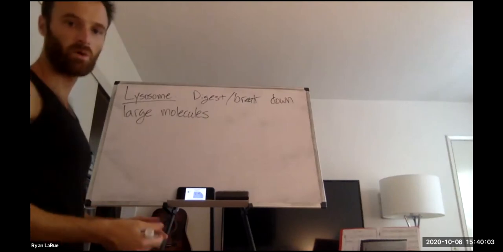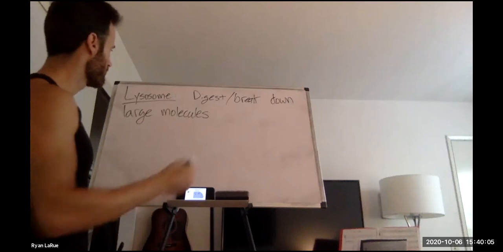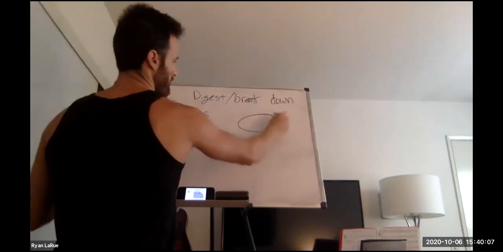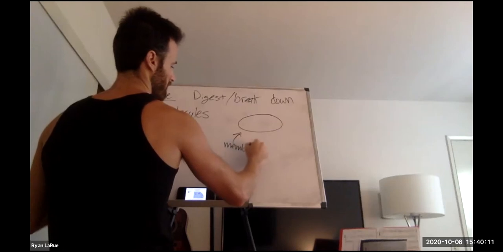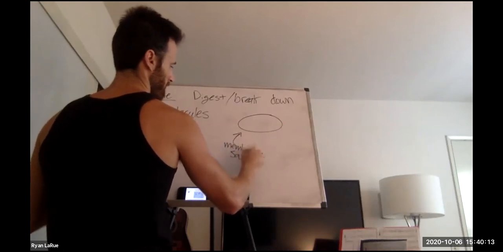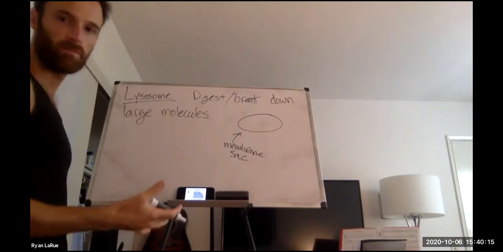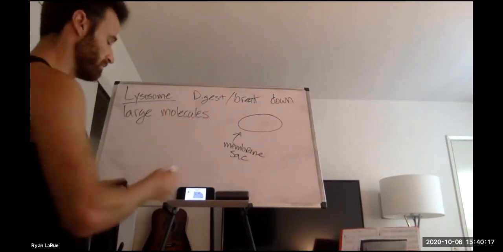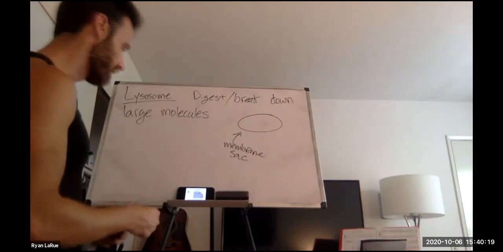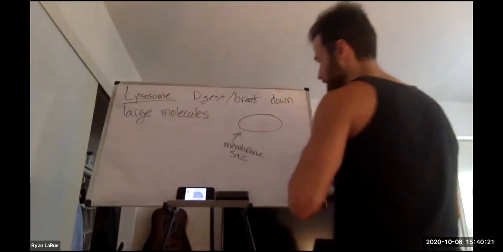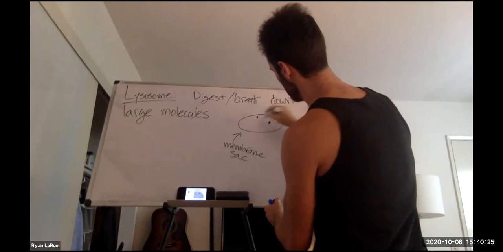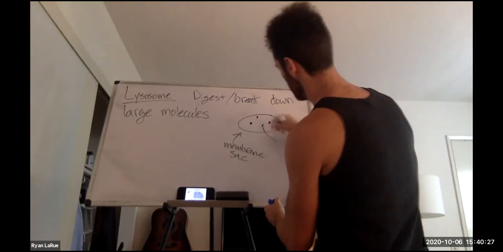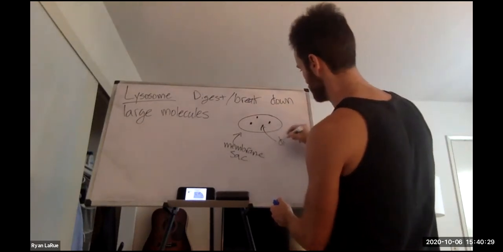And so the lysosome, it's a membrane sac like this, or just a compartment surrounded by a membrane within cells that contains digestive enzymes. So let's just say these are our digestive enzymes.